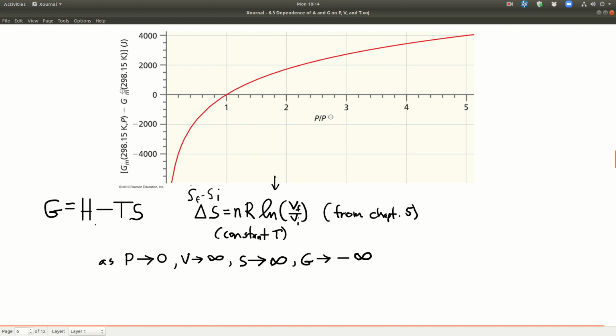And looking at the definition of Gibbs energy, H minus TS, as S goes to infinity because the volume is going to infinity, the Gibbs energy goes to negative infinity. That's what's happening here.